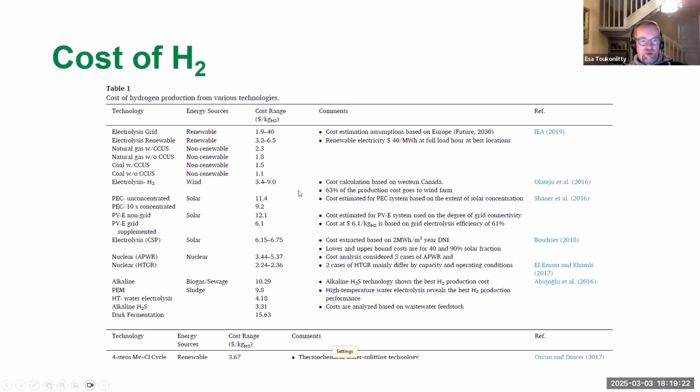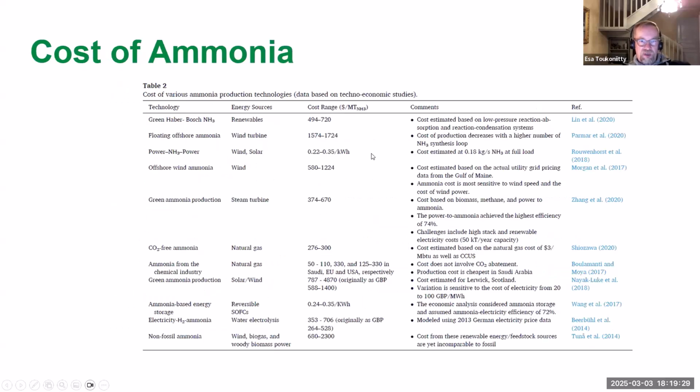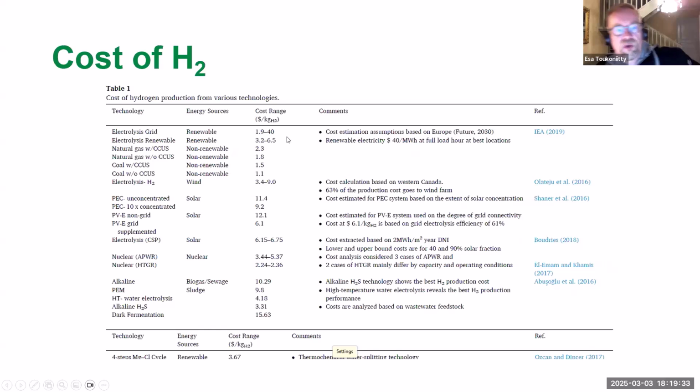Cost of hydrogen. This is per kilogram, while these ammonia prices were per ton. So roughly from $1 to some $10 is the range of hydrogen depending on the production method.